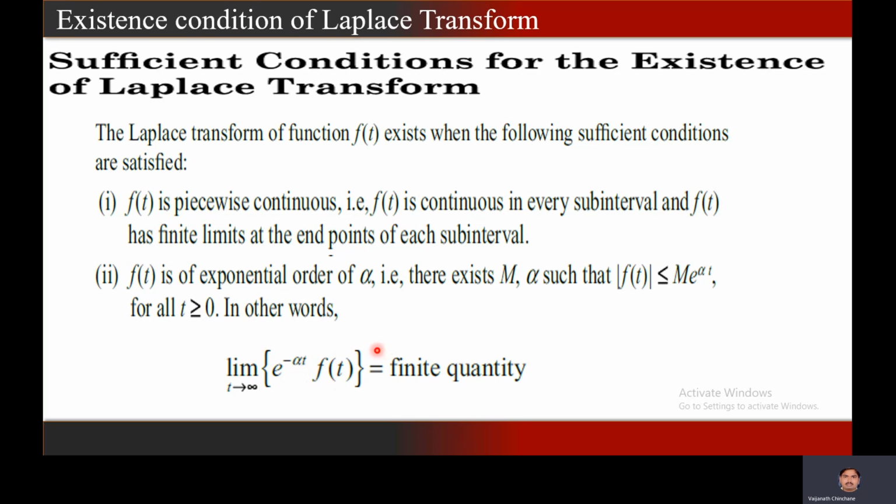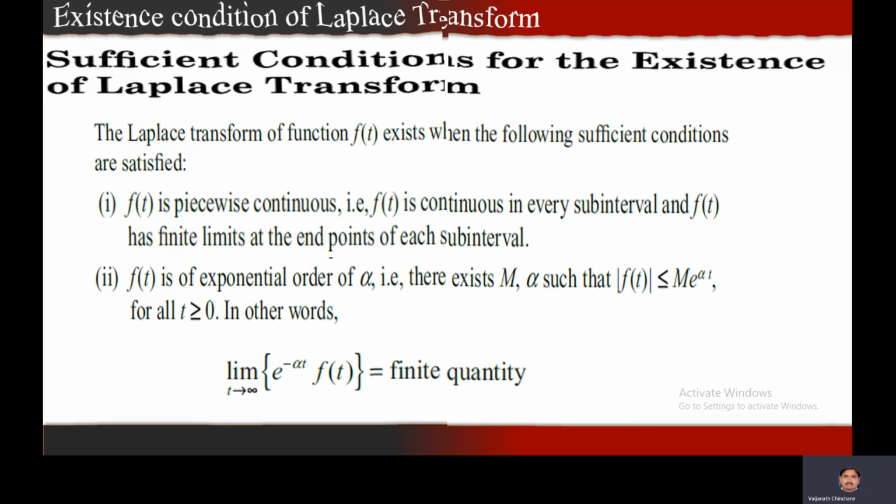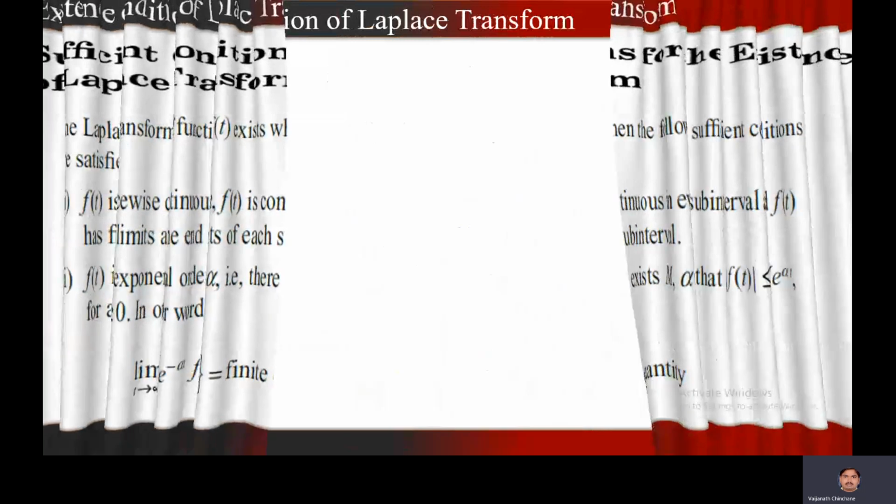Then and only then can we find the Laplace transform of that function. It means that we can find the Laplace transform of those functions that satisfy these two conditions. First one is f of t is piecewise continuous, and second one is exponential order alpha. So this is the existence condition of Laplace transform.